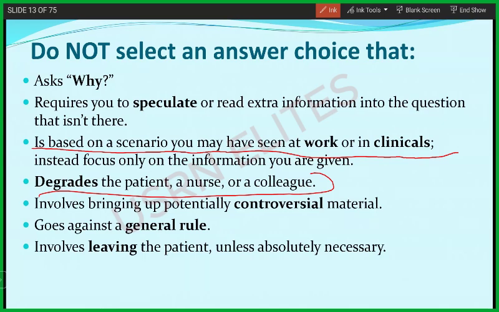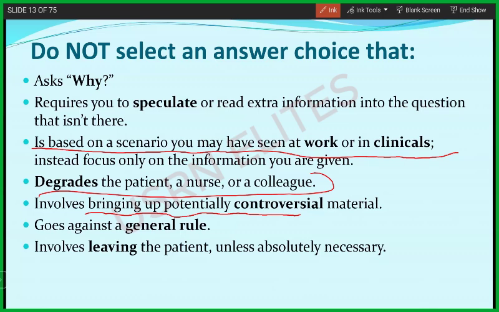The next one: never select an answer choice that involves bringing up potentially controversial material. What example can we give here? There are some answer choices where, even when you're about to choose it, you are double-minded.